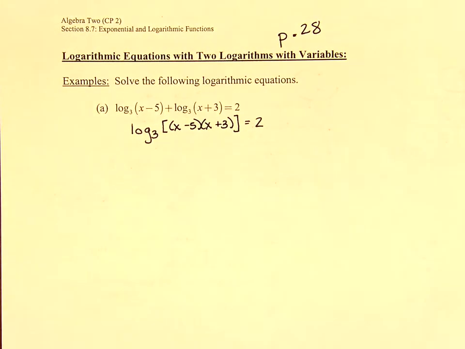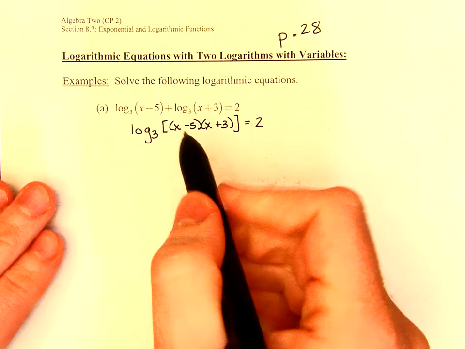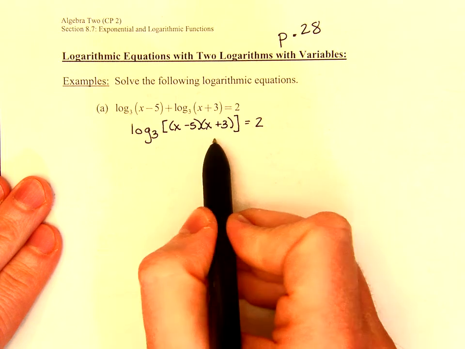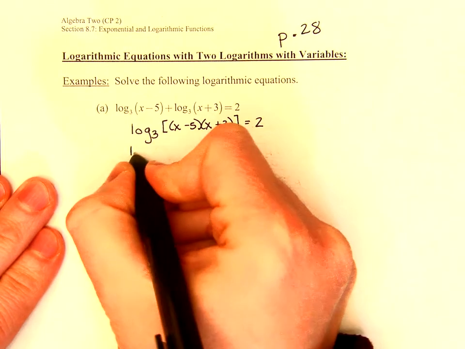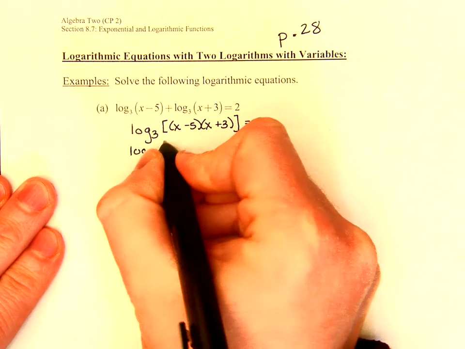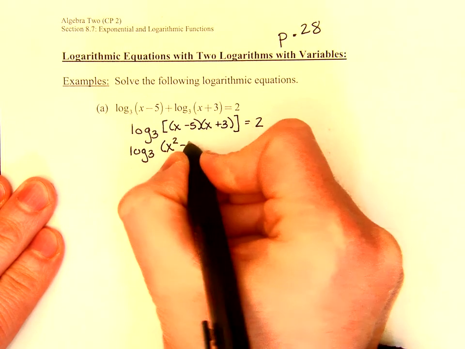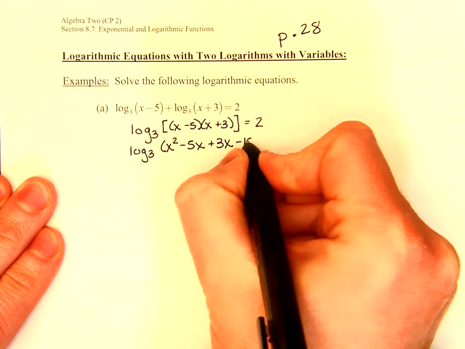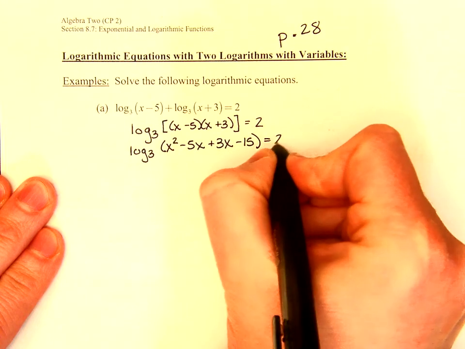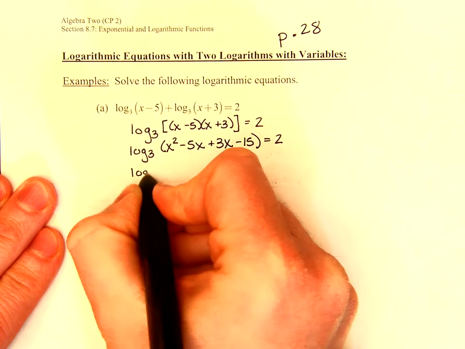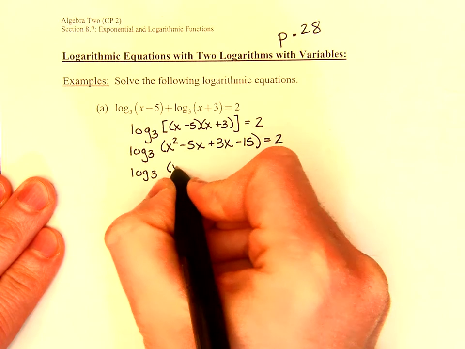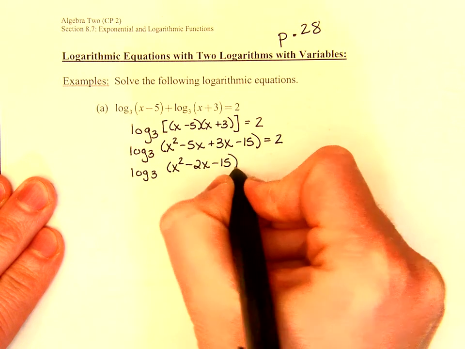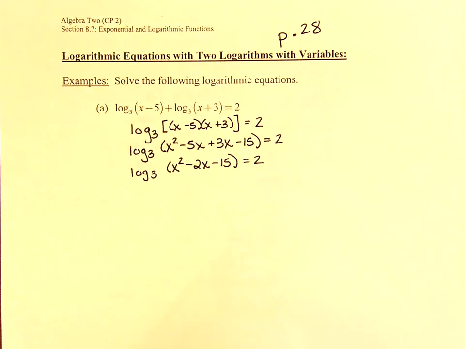And that equals 2. We need to multiply these 2 things together inside the logarithm. That means in this case, you need to FOIL. We're going to get log base 3 of x squared minus 5x plus 3x minus 15 equals 2. And I can simplify that to log base 3 of x squared minus 2x minus 15 equals 2.